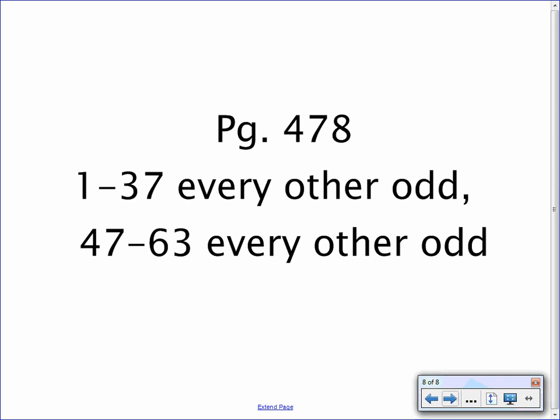I want to point something out. Okay, from 47 to 57, they give you the number in trigonometric form, and you multiply or divide and keep it in trigonometric form.